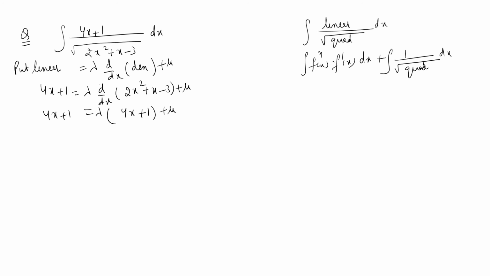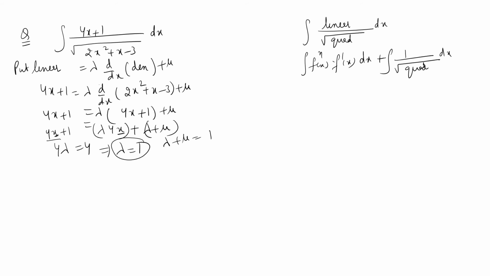Now open it, lambda plus mu, now separate the terms and equate the coefficients. So for x, 4 lambda is equal to 4, which gives lambda as 1. And the constant term: lambda plus mu is equal to 1. Using this, 1 plus mu is equal to 1, that is mu is equal to 1 minus 1, that is 0.